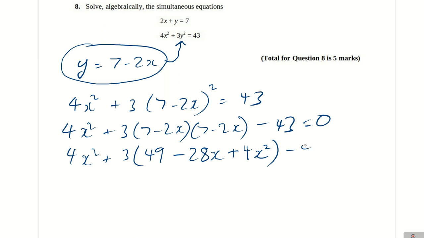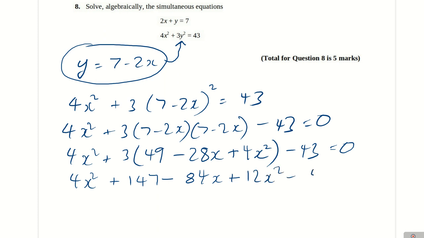Expanding the bracket, we get 4x squared plus 147 minus 84x plus 12x squared minus 43 equals 0.